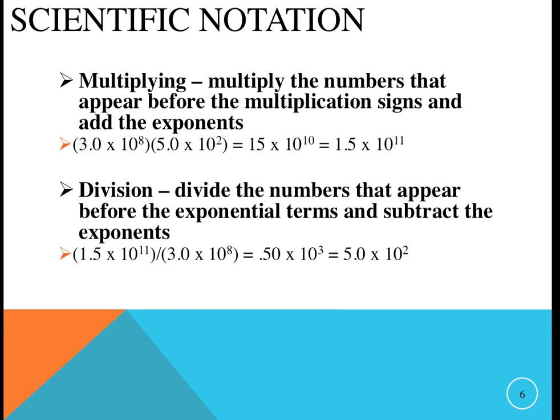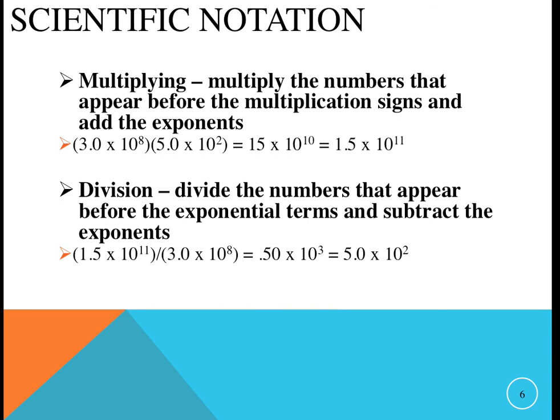When we divide, the exponent rule is you subtract the exponents. So here we have 1.5, and we can divide by 3.0 to give us 0.5. But 10 to the 11th divided by 10 to the 8th gives us 11 minus 8 is 3, so times 10 to the 3rd. Once again, that's not proper scientific notation.